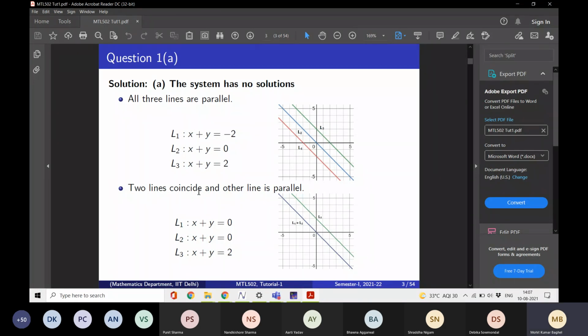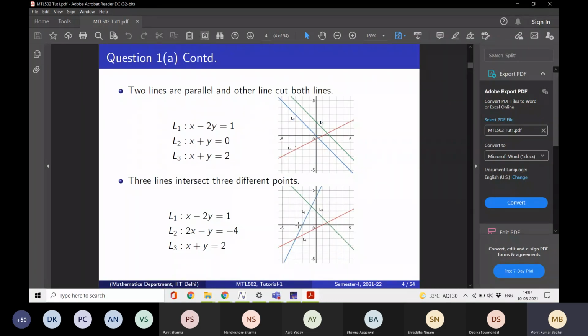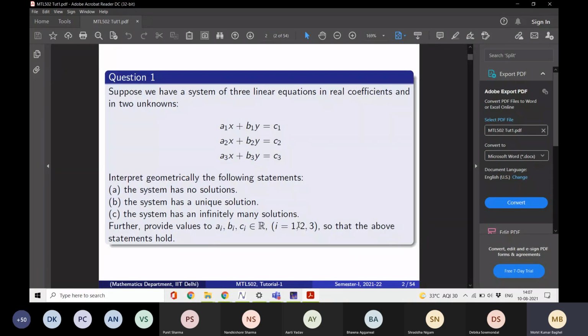There can be another possibility where two lines coincide, but the other line is parallel and not coinciding with the two lines. This is again the case of no solution. So based upon the question's nature, you can answer the question.